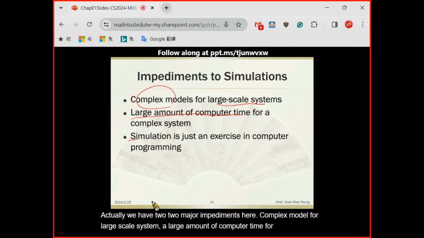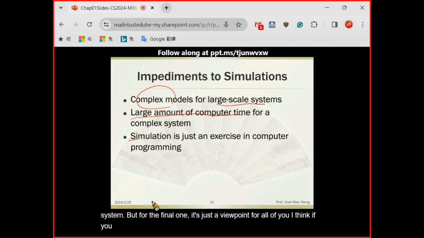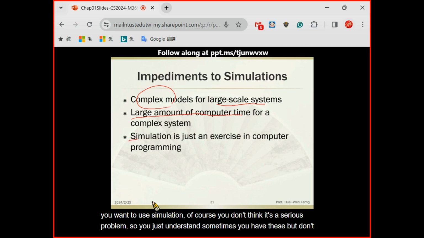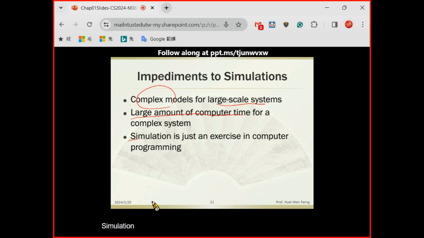But the final one is just a viewpoint. If you want to use simulation, you shouldn't think it's a serious problem. You just understand that sometimes you have these, but don't care about it. It's just an exercise in computer programming. Never mind these.